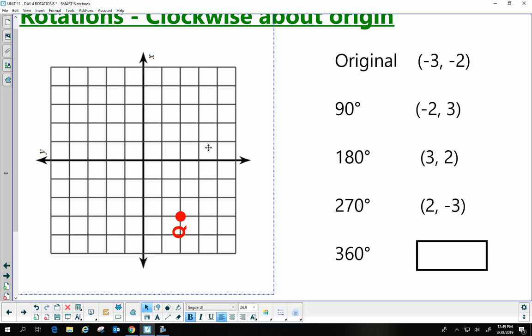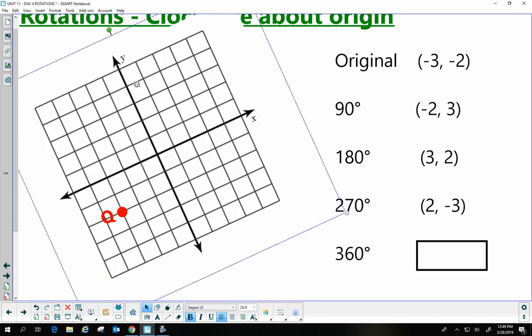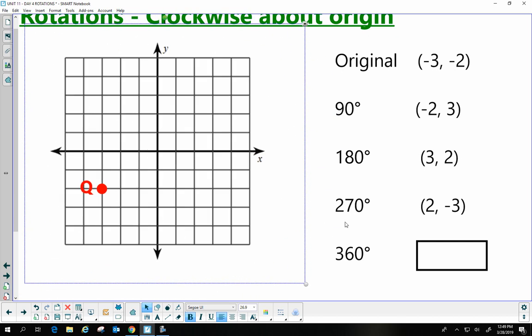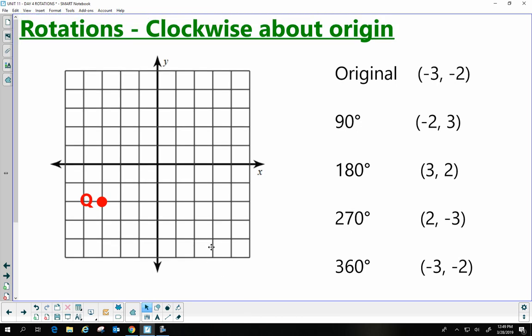Then if I rotate another 90, which brings me to a 360-degree rotation, I did a full circle, my point is back to where it started, and so its coordinates stay the same. So if you try to rotate something 360 degrees, it's just going to stay the same. That's as simple as it gets. You just rotate your paper and then write down the new coordinates.